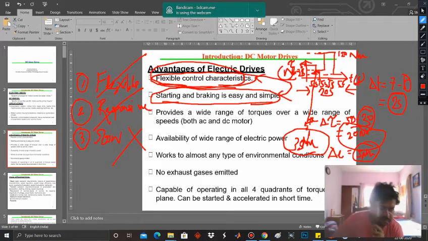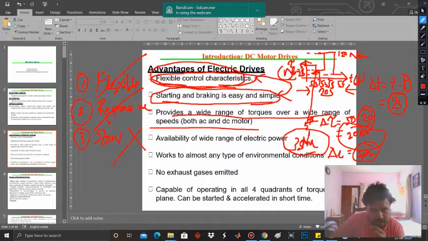And in the previous module we have already discussed the selection of motor power rating which has to be used in an industry. So obviously AC and DC motors provide a wide range of torque over a wide range of speeds. So this is applicable for both AC and DC motors. Their availability is for a wide range of electric power.